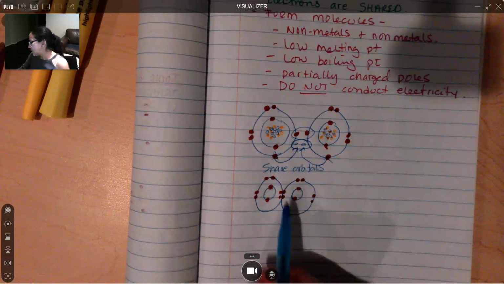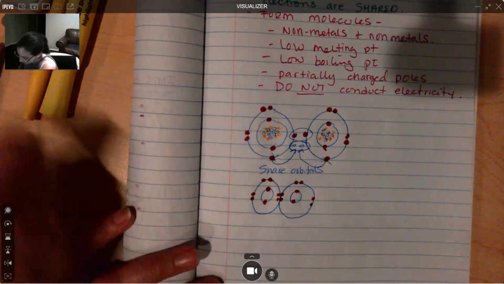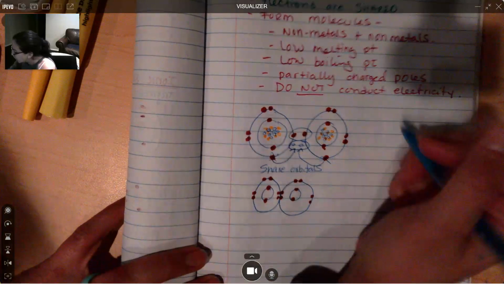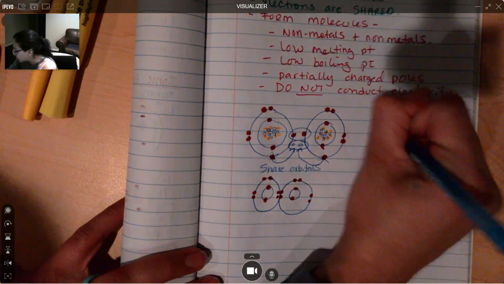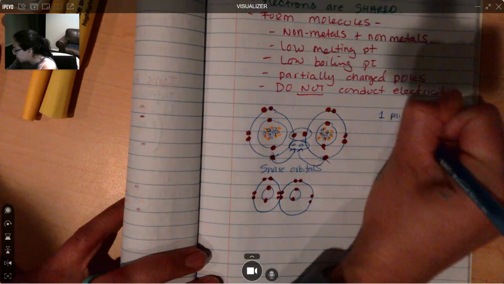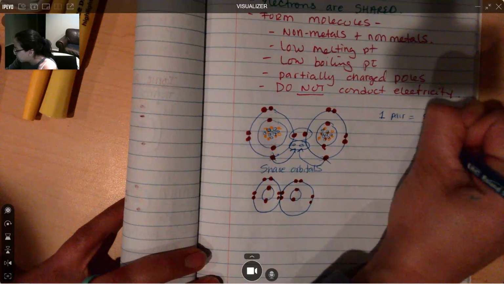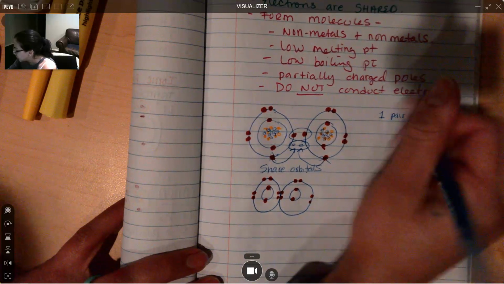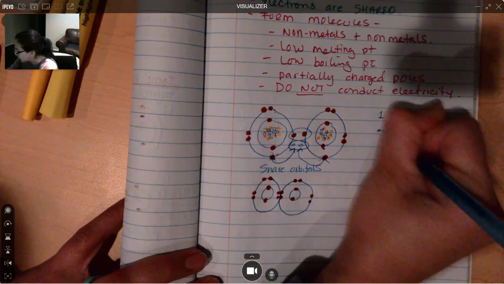Now you notice that I said this is a pair, a double pair. So we have 3 different types of bond pairing. You have one pair of electrons being shared, so one pair, that is equal to a single bond. So it's one pair of electrons, so that's 2 electrons together.